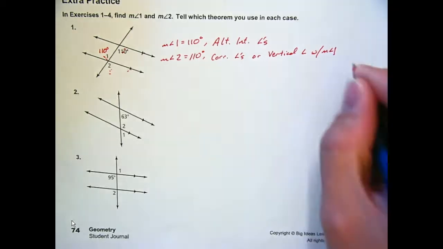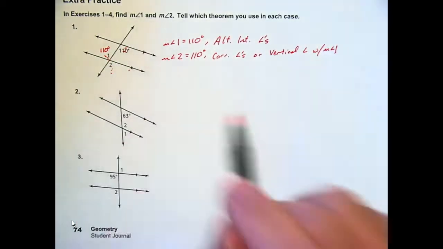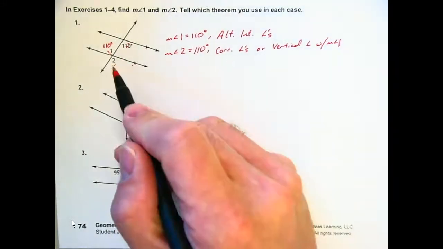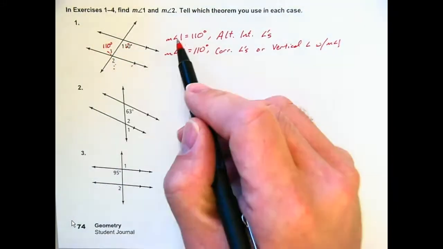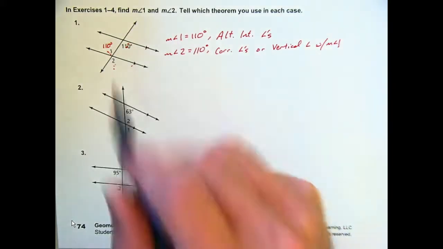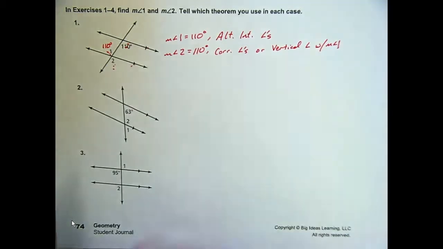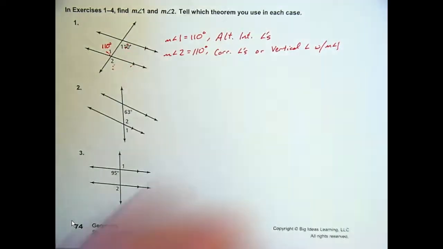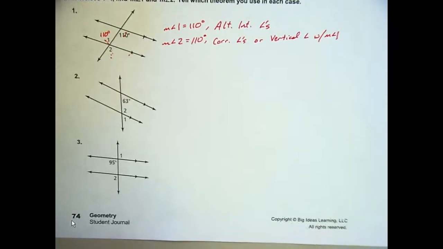Now the reason we'd have to say with measure of angle 1 is because that means we have to know angle 1 first. So if you ever say, hey, angle 2 is 110 because of vertical angles, you better have said angle 1 is 110 first. You can't actually state that angle 2 is 110 before you say angle 1 is 110 if you're using vertical angles. You should say the other way first. Okay? All right. Moving on, number 2. Tell your neighbor what you got for 1 and 2.